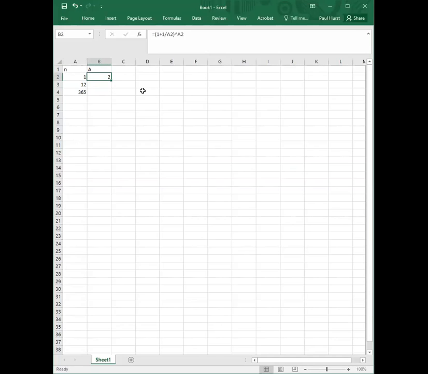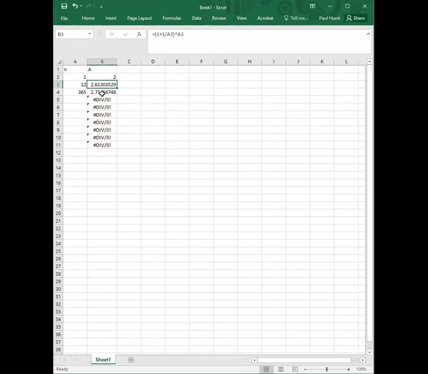So 100% interest, that's exactly what you expect: $1 doubles to $2. If you compound it monthly, you get $2.61, and if you compound it daily, it's $2.71 is what you end up with.